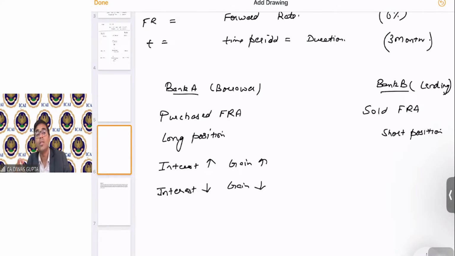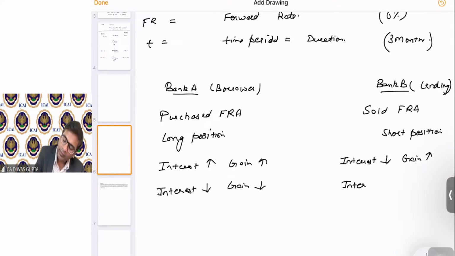The gain to this bank had also gone up. Similarly, the interest had gone down to 5.5. There was a loss, or let's say the gain has gone down. Similarly, for bank B, which is on a short position, will have an inverse relationship to the interest rate, correct? If the interest rate goes up, the gain will go down.